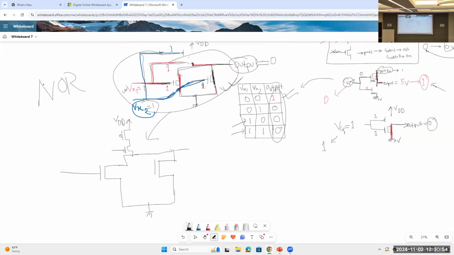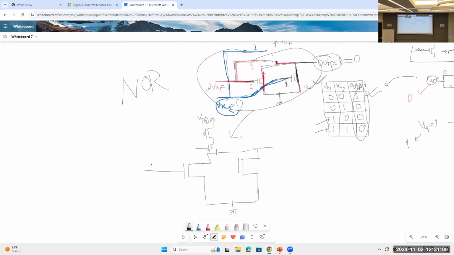We have told you that the opposite of OR is NOR, right? So from OR, if we invert the OR output, we get NOR. In a similar fashion, if we invert the NOR, what should we get? OR. Yes. So we should get OR.